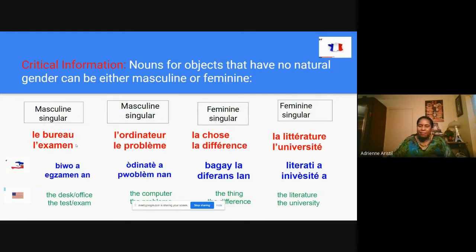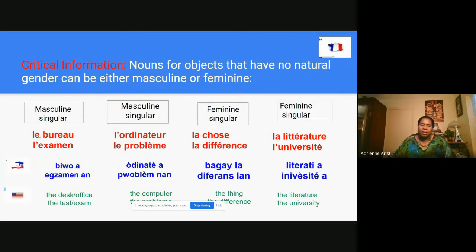And l'examen, this is a masculine word. These words are born masculine, they are masculine. And you will see some that are born feminine and they are feminine. Le bureau, l'examen, l'ordinateur, le problème. These words are masculine words.